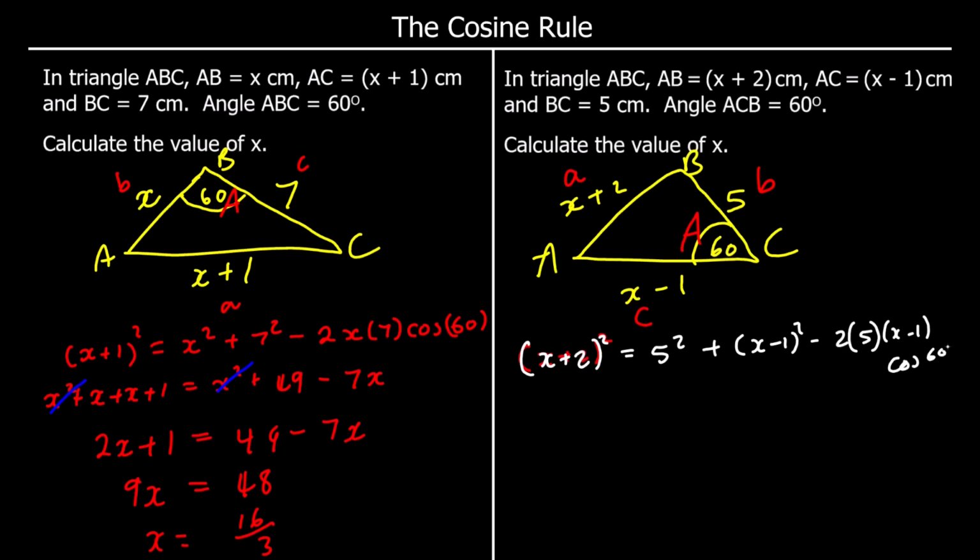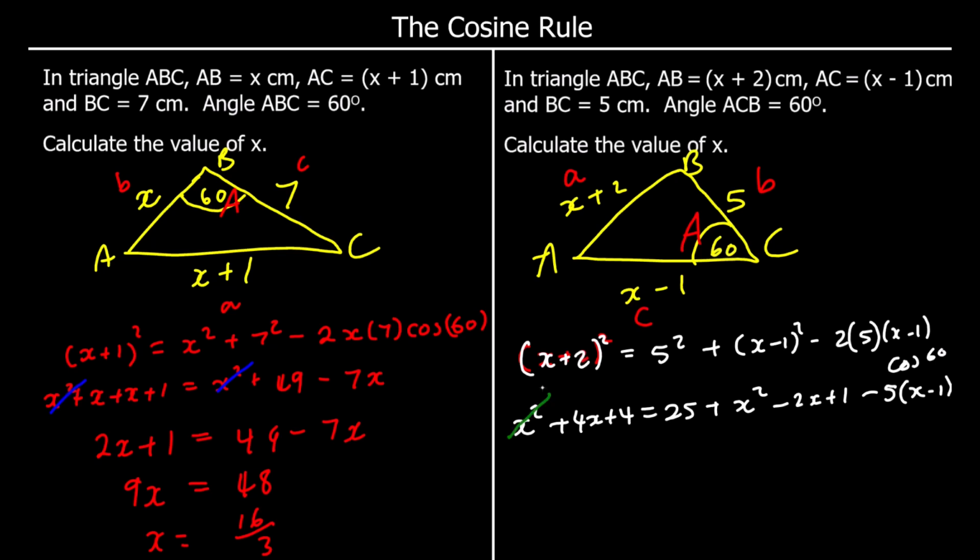So x plus 2 squared, x plus 2 times x plus 2 is going to be x squared plus 2x plus 4. 5 squared is 25. X minus 1 squared is going to be x squared minus x minus another x plus 1. 2 times 5 is 10 times cos 60, which is half, is going to be 5. And then we've got times x minus 1.